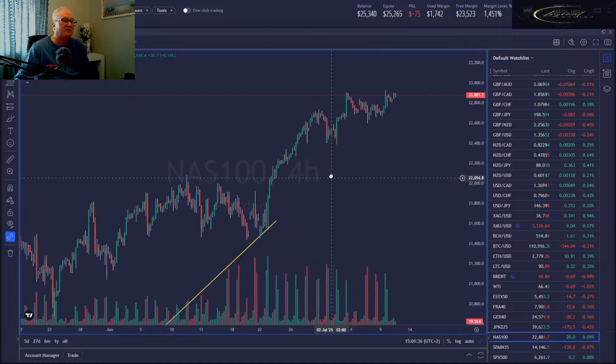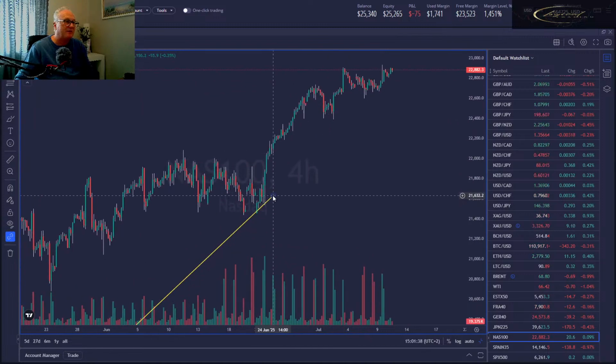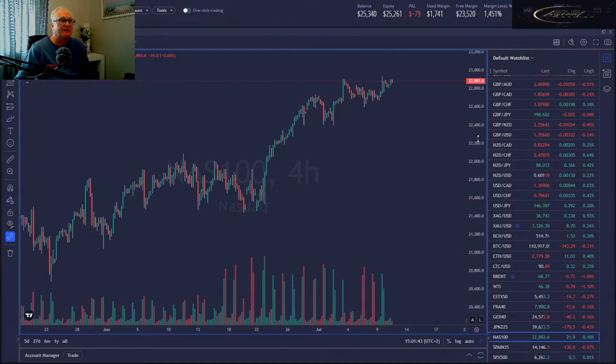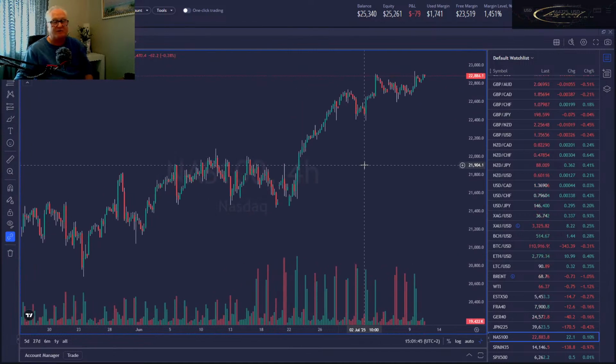Now, it's not going to be much different to the S&P 500 because the NASDAQ is pushing the S&P 500 at the moment. And what's pushing the S&P 500 in the NASDAQ is NVIDIA. It's going up, and that's why everything is going up with it.